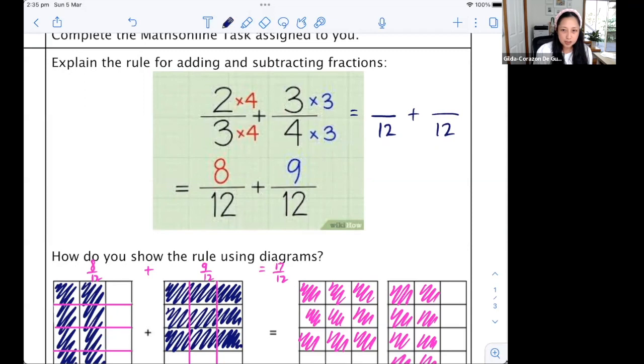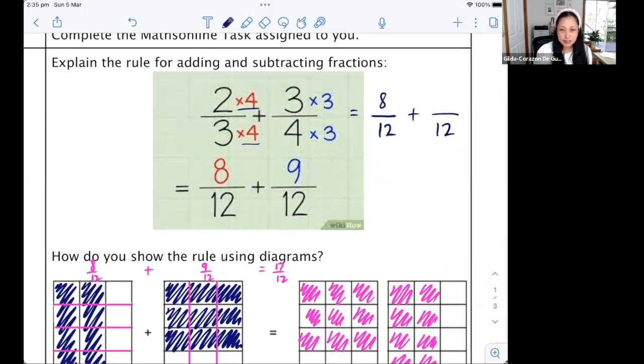So you think of what number did I multiply to 3 to get 12? It's 4. For us not to change the value of that fraction, but rename it, we multiply by the same number, which is 4, and therefore the top becomes 8.